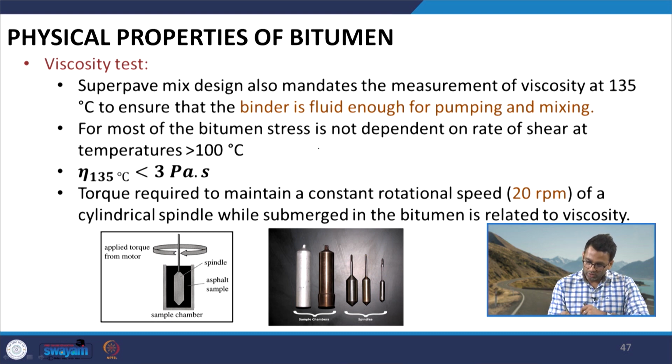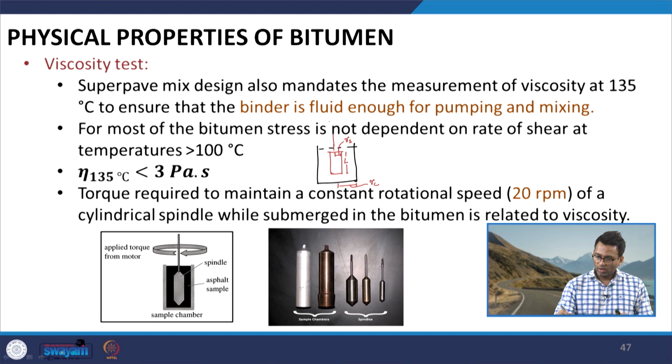So, try to imagine that we have a mold or a cylinder which is filled with bitumen, and we have a spindle here. Say that the length of the spindle is L, the radius is Rs, and the inner radius of the cylinder is Rc, and we are applying a rotational speed of omega here.